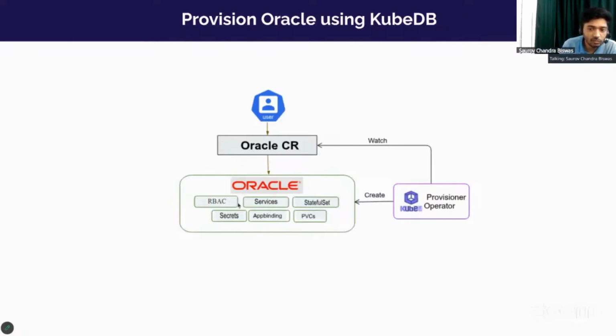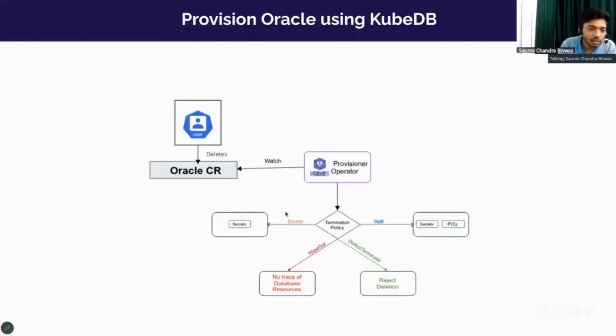There are a bunch of different resources that we are creating. As a user, you do not need to worry about them because we manage all of these using this provisioner operator. You can just create this resource and we will manage the whole lifecycle of the Oracle custom resource.